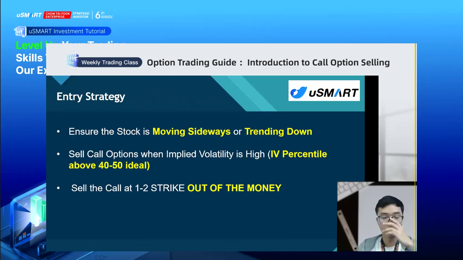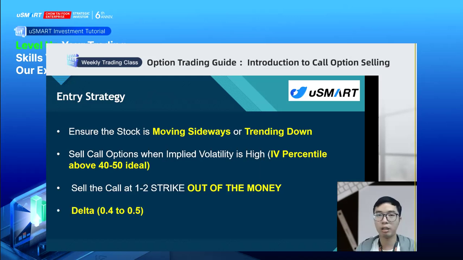If the call buyers' options end up out of the money, they will lose money. So we as the sellers benefit when the call option is out of the money. We are the counterparty of the buyers.